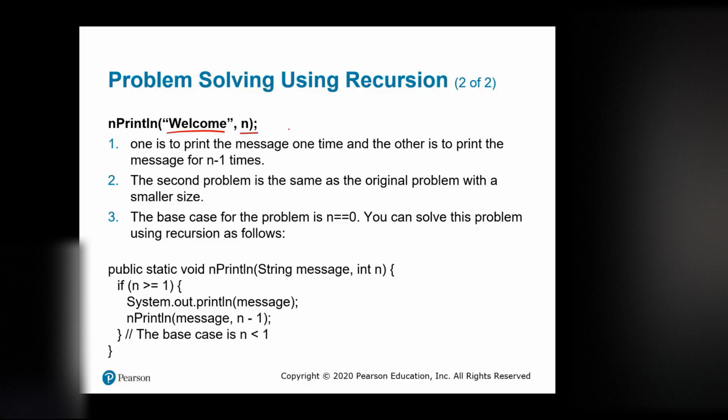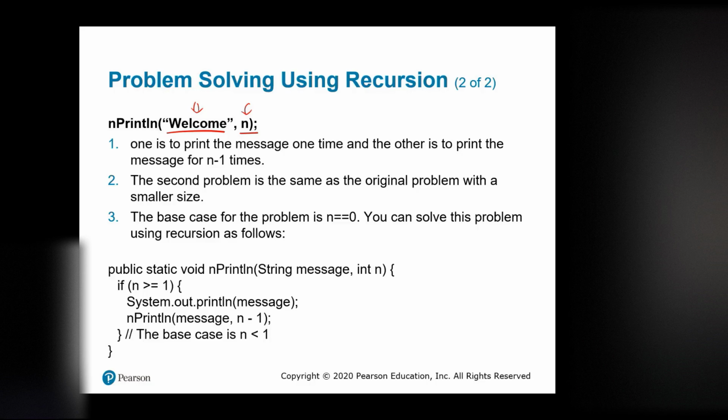If you want to force only the recursive approach, not iterative, how are we going to implement it? So we created one function and it takes two attributes: what you want to print and how many times you want to print. Welcome is the string to be printed, n is the number of times to be printed. This is the recursive function that we want to create.